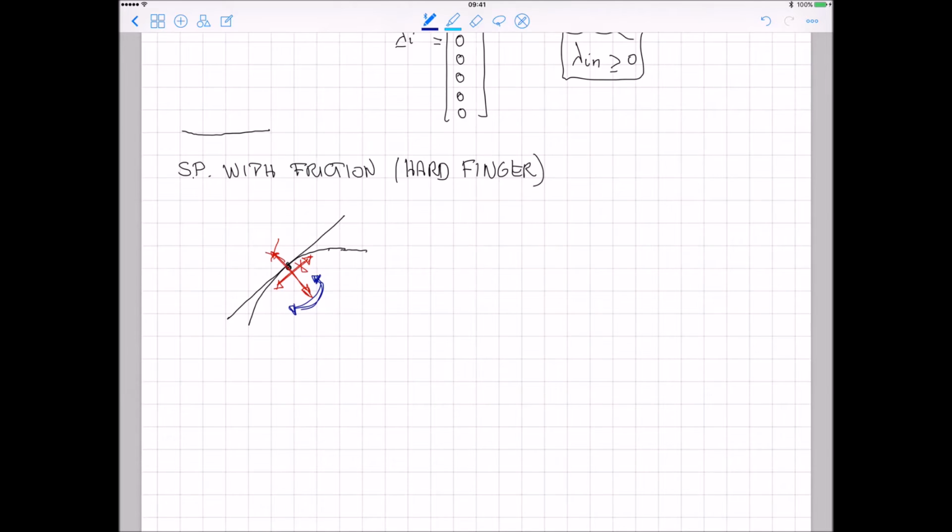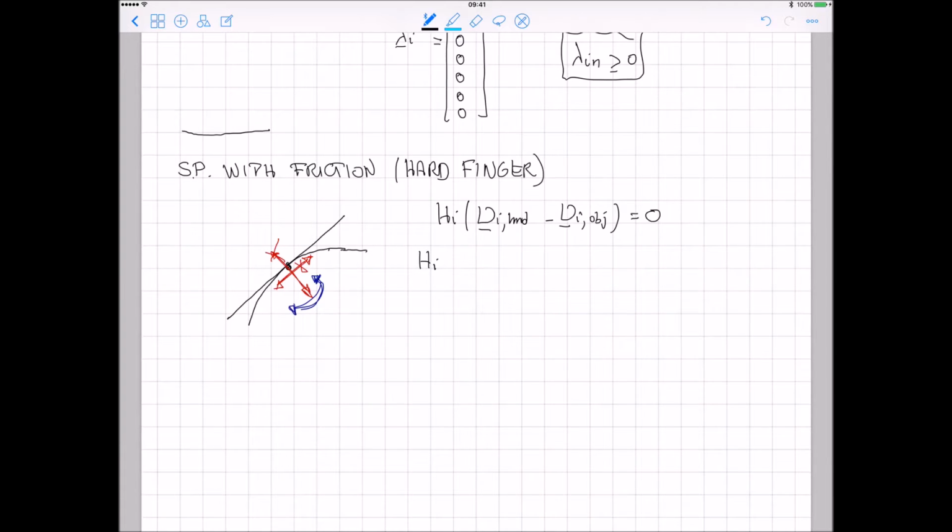So in this case, Hi, the components that I choose to set equal to 0 are the three translational components.